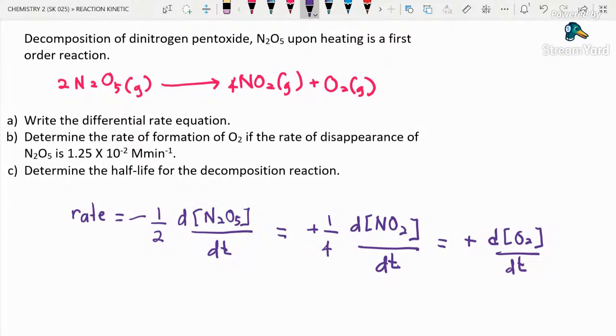Okay, kenapa kita tulis yang ini? Sebab you can highlight soalan minta differential rate equation. So this is the differential rate equation. Yang ada zero order, first order, second order punya formula tu, itu adalah integrated rate law.